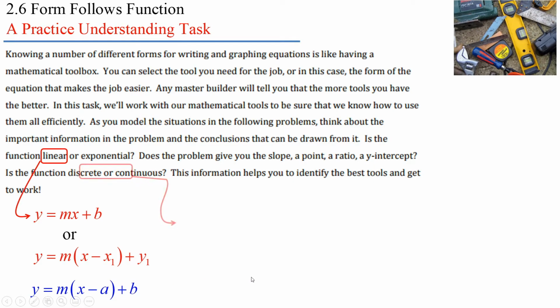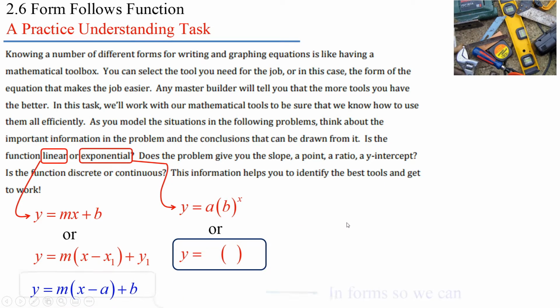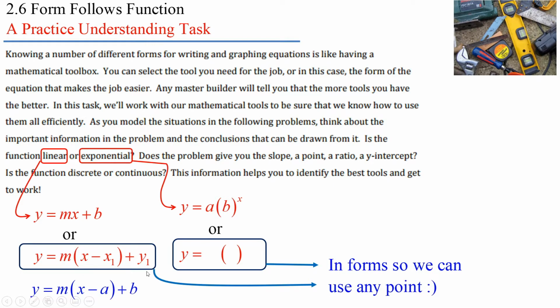Now, if I'm exponential, I have y equals ab to the x power. And now we're also going to write this in a different form just in case we don't know our y-intercept. So here, both of these are going to be in form so we can use any point on the curve.